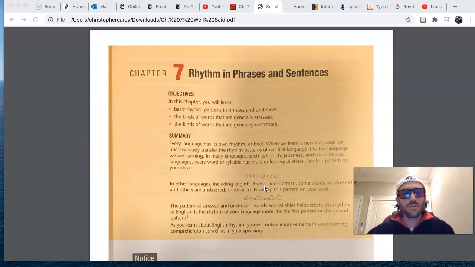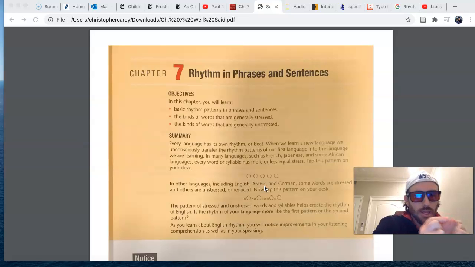Thus far in this course, we're right at that halfway point, and we've talked about consonant sounds and vowel sounds, and the suffixes that we looked at in the previous chapter, the ed and the es and s endings of verbs and nouns. We've talked about syllable stress and word stress.